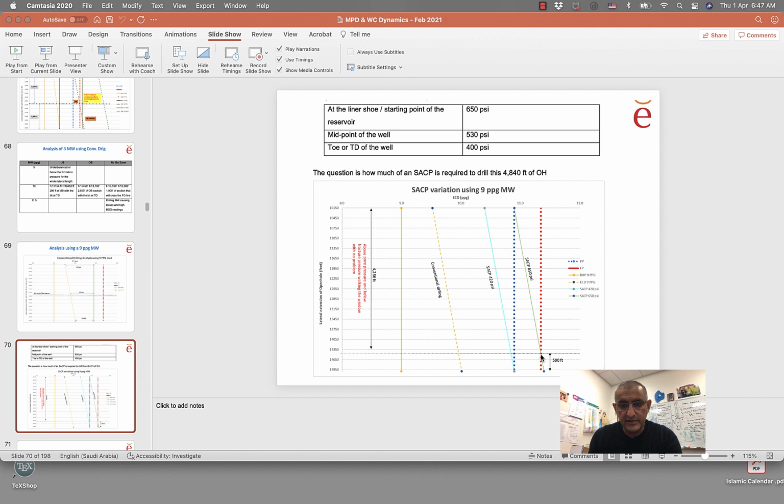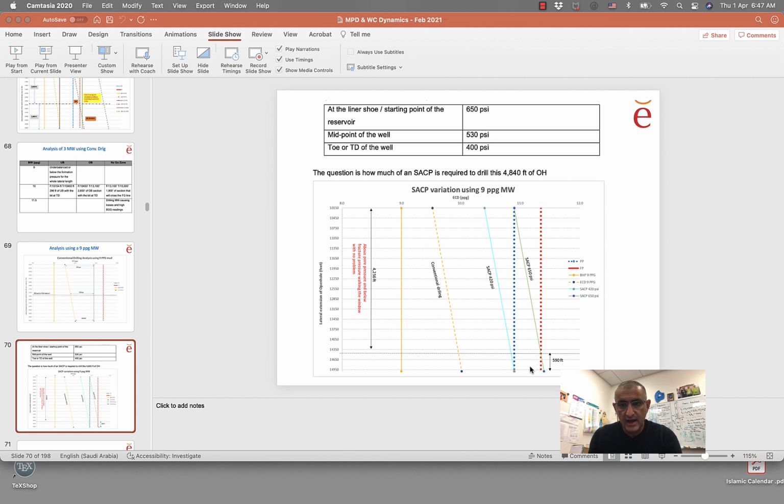Basically you'll be creating drilling induced fractures, and there is a chance that in the last 560 or 590 feet you might experience a huge amount of BGG coming back to surface.